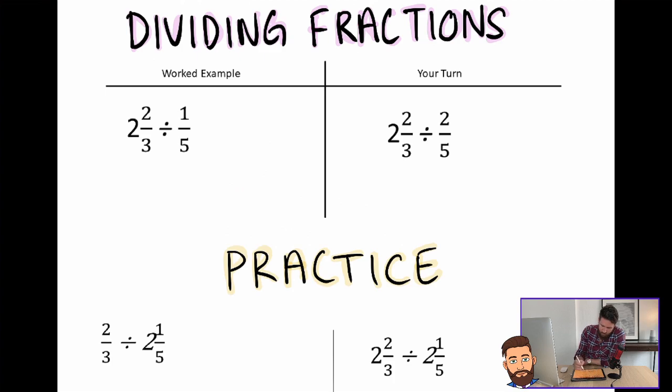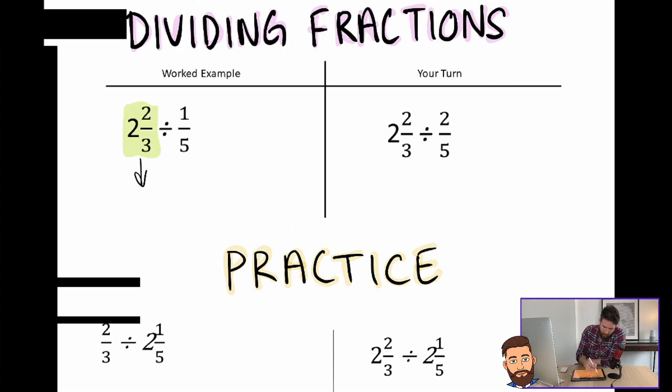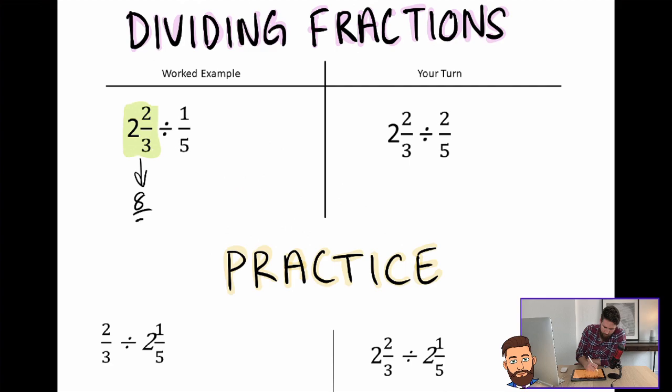Same thing as multiplying, we're going to change these mixed numbers into top heavies first. So 3 times 2 is 6 plus 2 is 8 over 3.